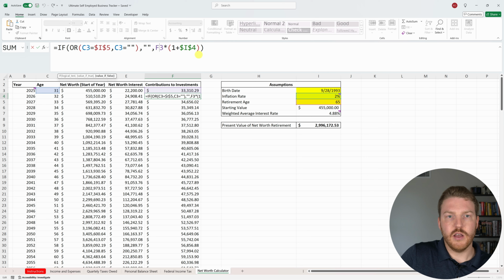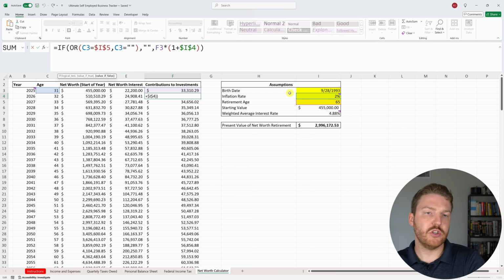And then if we're still below 65 or at 65, we can do the contributions from last year times 1 plus the inflation rate. So we're scaling each contribution in this table by the inflation rate, right? Because likely as you go through your career, inflation is going to increase, which means the amount you're saving each year should increase as inflation increases.